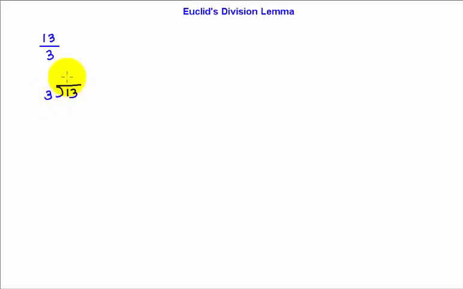So this is a plain division. Now 3 fours are 12, so if we subtract 12 from 13, we get 1. Now we know that in this process 13, which is the number of pencils, is called the dividend.